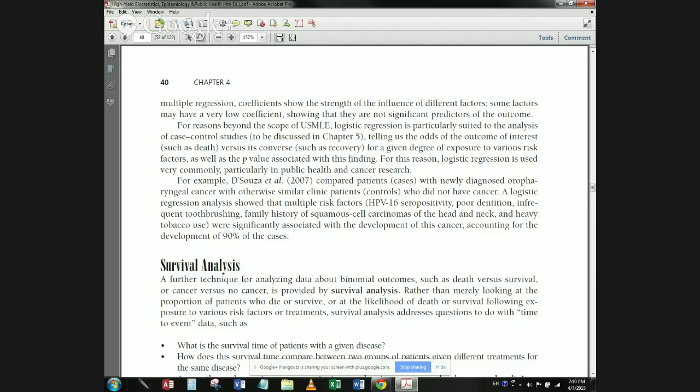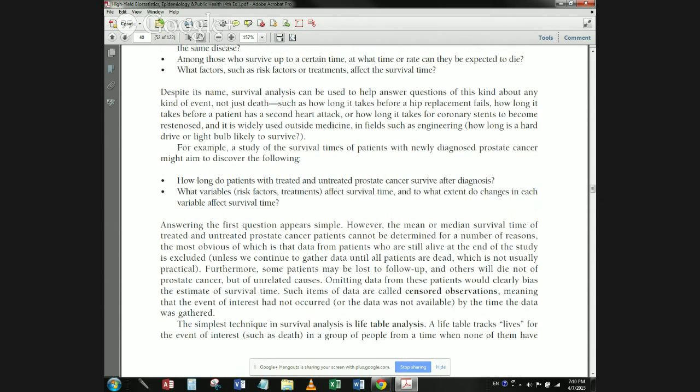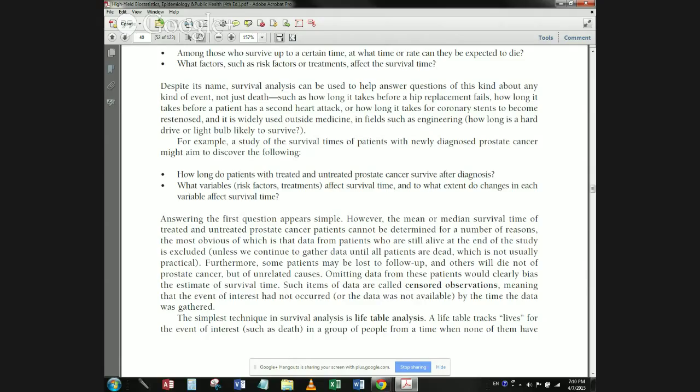Survival analysis addresses questions to do with time to event data, such as what is the survival time of patients with a given disease? How does the survival time compare between two groups of patients given different treatments for the same disease? Among those who survive up to a certain time, at what time or rate can they be expected to die? What factors, such as risk factors or treatments, affect the survival time?